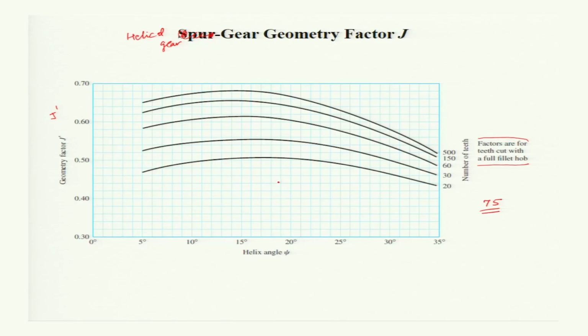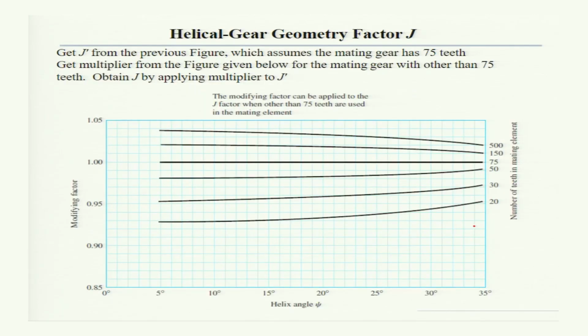So, to get the geometry factor for the rest of the gears, we apply a modifying factor. J dash is obtained from the previous figure, which assumes the mating gear has 75 teeth. Get the multiplier from the figure given below for a mating gear other than 75 teeth. Then obtain J as J dash multiplied by the modifying factor.